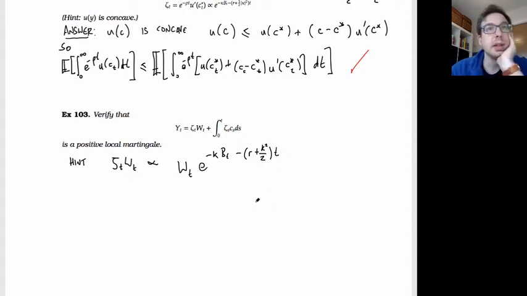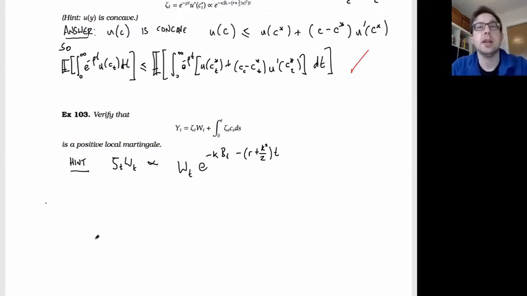And so I can apply a bit of Ito's formula to this and then find out what happens to some of the drift terms. Remember that something's a local martingale if it's got zero drift when you apply Ito's formula to it. Right.